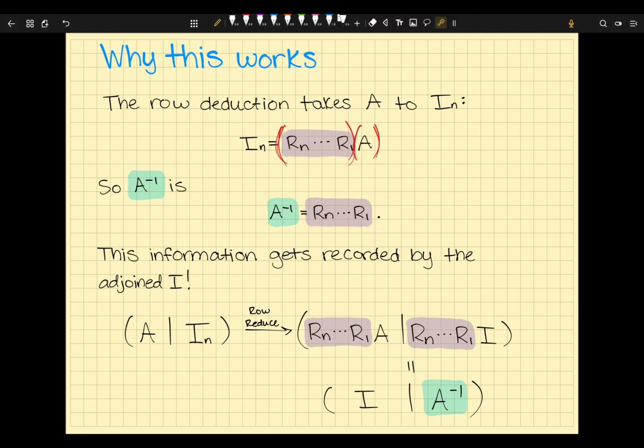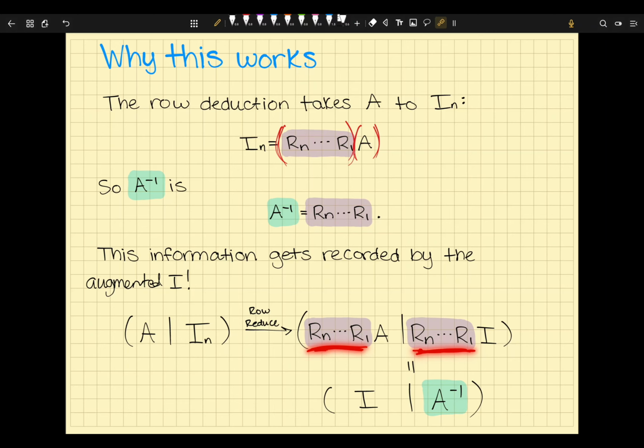And the reason our algorithm works is that all of this information gets recorded by the augmented I. So when we augment A with I and then we row reduce, what we're doing is multiplying A by these elementary operations, but we're also multiplying I by these elementary operations.